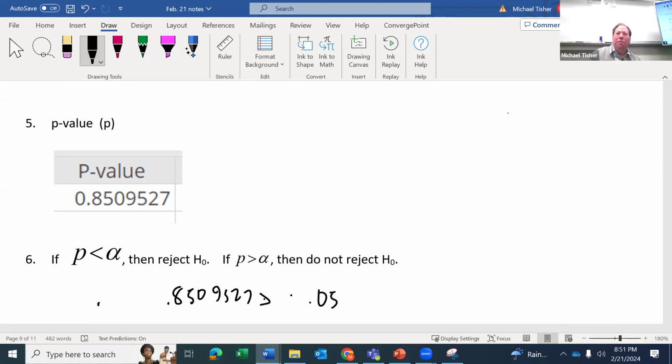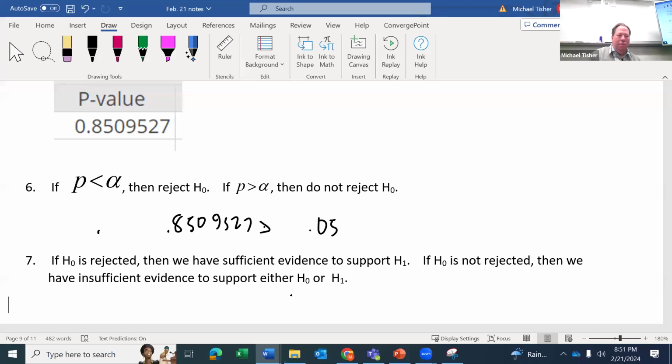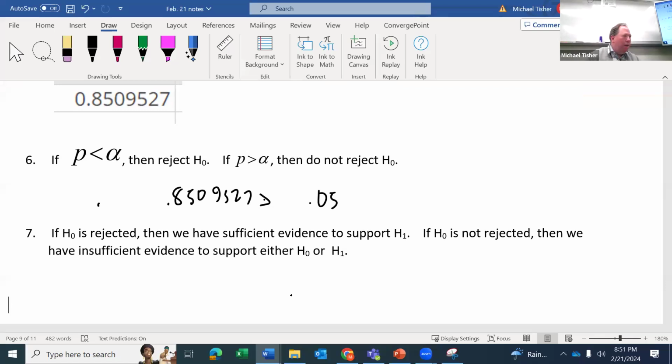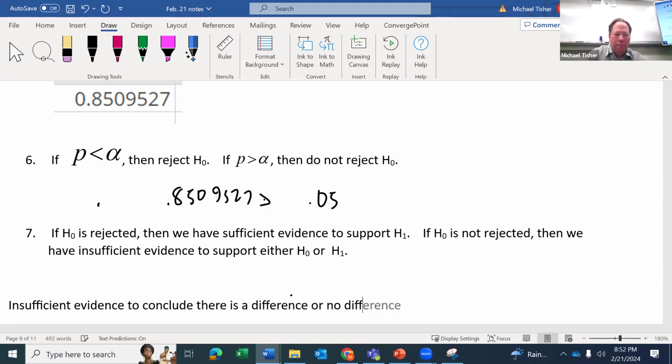And so we don't reject H0. So it means we have what? Insufficient evidence. So reject no. Sufficient no. So insufficient evidence to conclude there's a difference or no difference between readability.